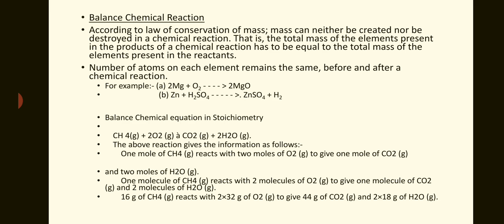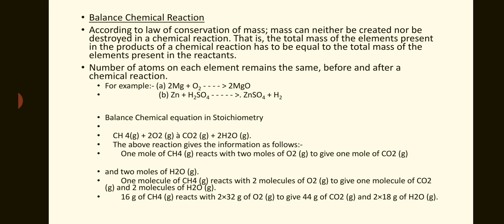So we can also say this like 1 molecule of CH4 reacts with 2 molecules of O2 to give 1 molecule of CO2 and 2 molecules of H2O in the gaseous form. Both are in the gaseous form.